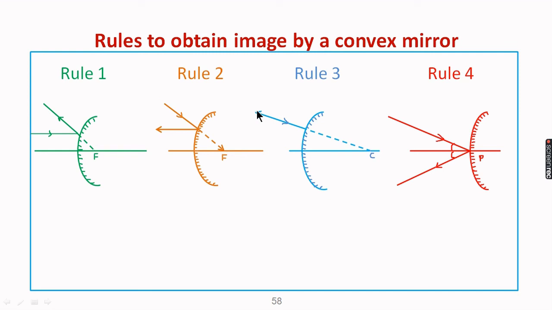Rule 3, incident ray is directed towards the center of curvature, so after reflection it will retrace its path. Rule number 4, this is the incident ray directed towards the pole and it is making some angle with the principal axis. It will be reflected in such a way that it makes the same angle with the principal axis.